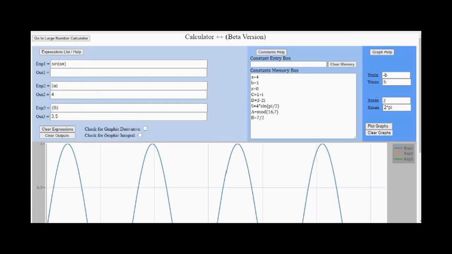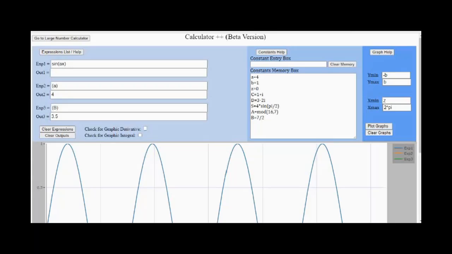In the constant entry box, type a letter, upper or lowercase, and set it equal to a select value, and then hit enter on your keyboard. The constant will now appear in the constant's memory box. Now all expressions, functions, and also axis limits can use any or all of the constants shown in the memory box.